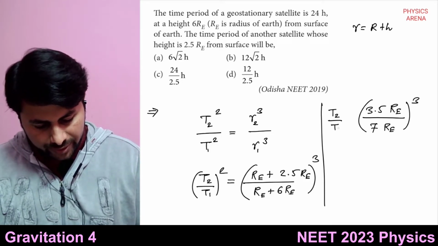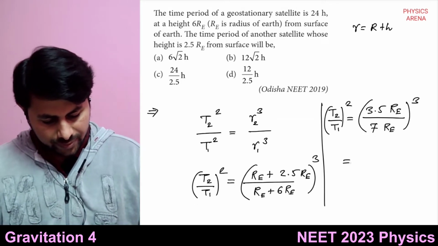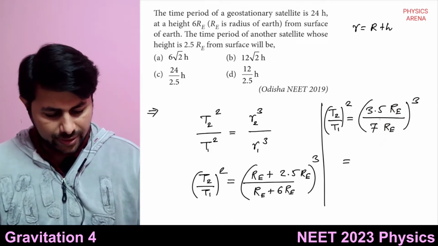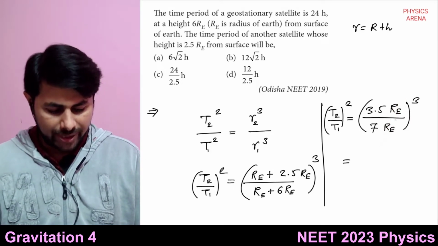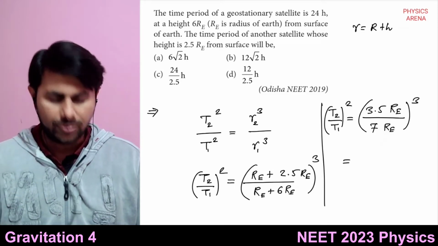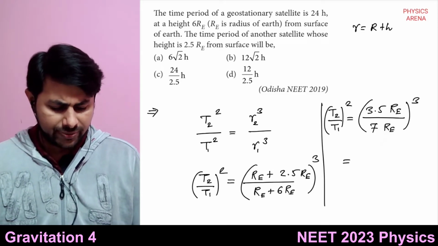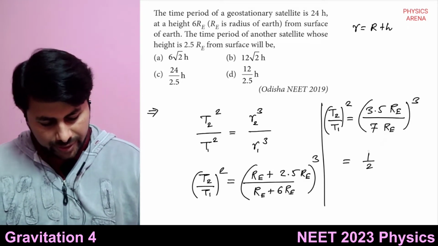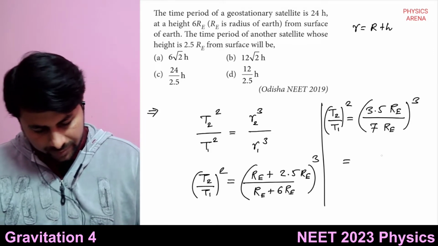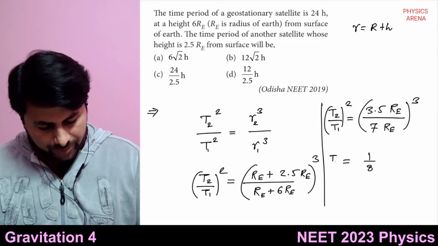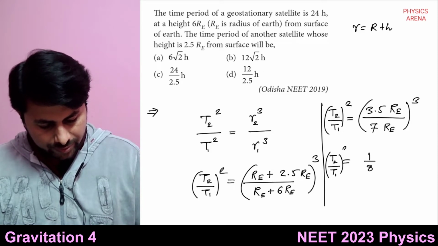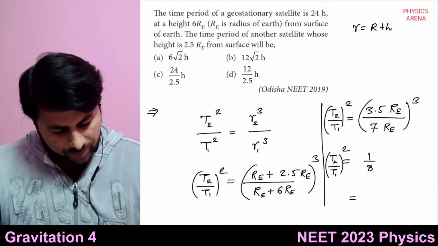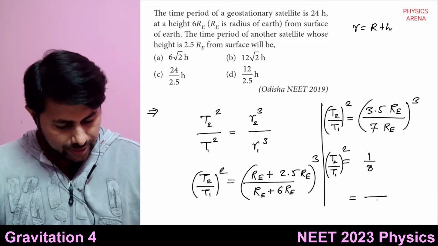This is T2 by T1 whole square. Okay, so RE and RE get cancelled out. Then 3.5 upon 7 is 1 by 2. So you have 1 by 2 whole cube. Now you can take square root on both sides. So 1 by 2 cube is 1 by 8. And because this is T2 upon T1 whole square, if you take the square root, it will be how much? It is 2 root 2.